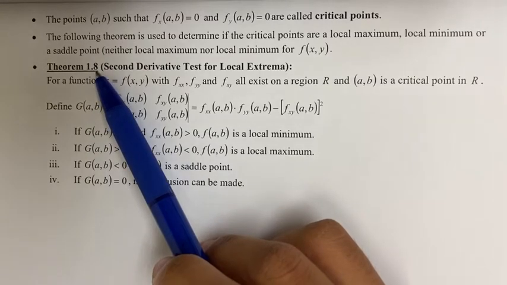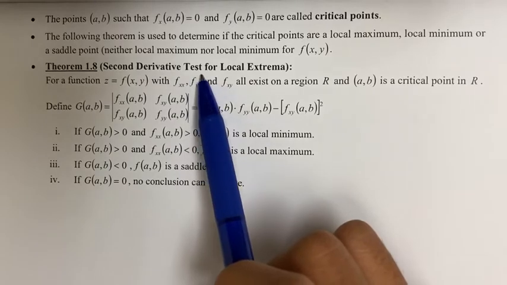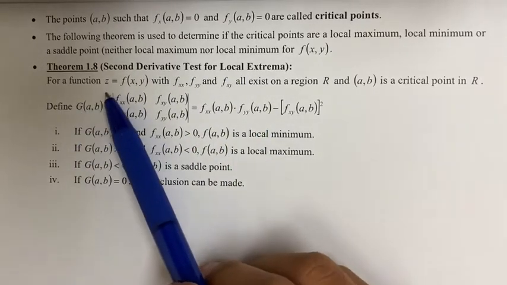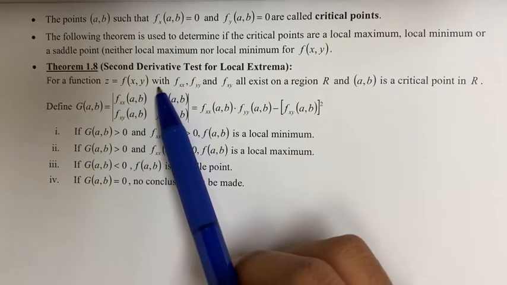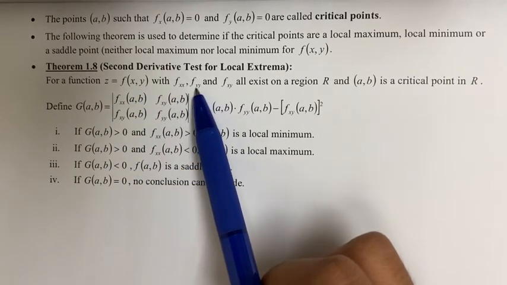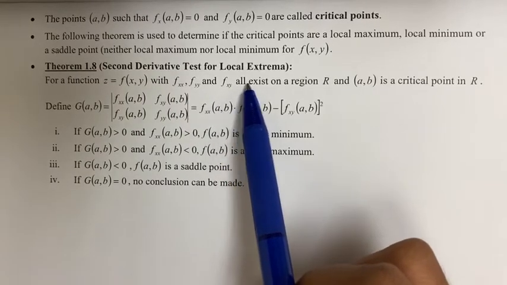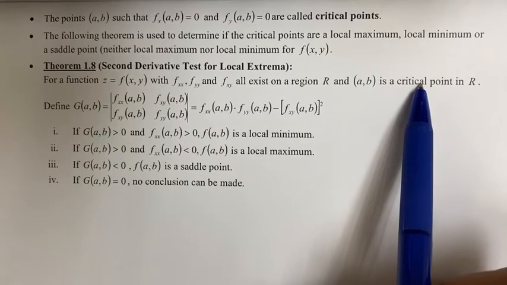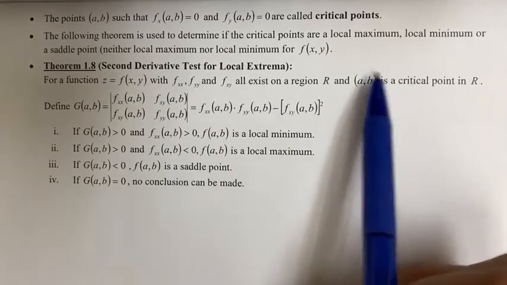Instead, we use the second derivative test for local extrema. So for theorem 1.8, take a function z = f(x,y) with fxx, fyy and fxy all existing on a region R, and (a,b) is a critical point in R.